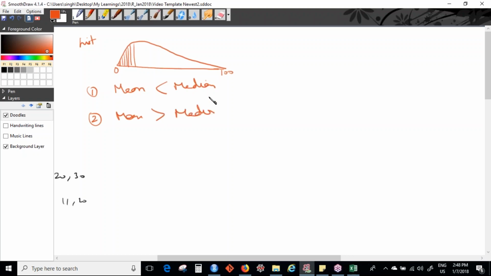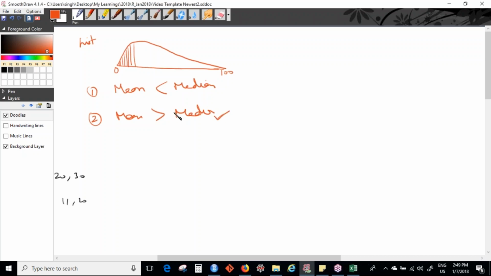Which one is correct in this histogram? Okay, so everybody is correct. The second one is correct.